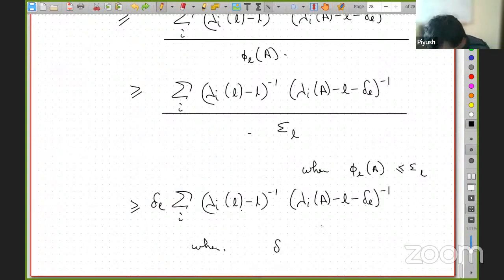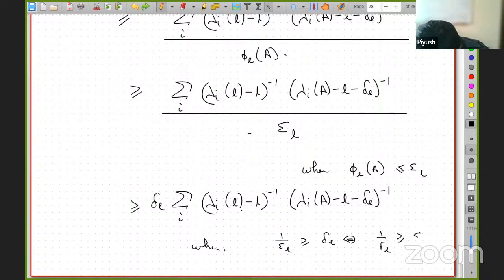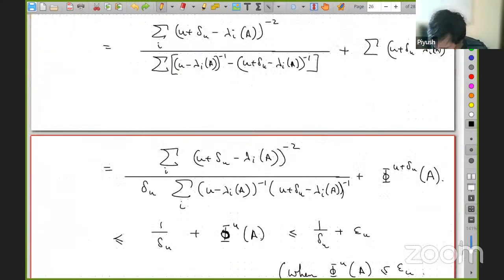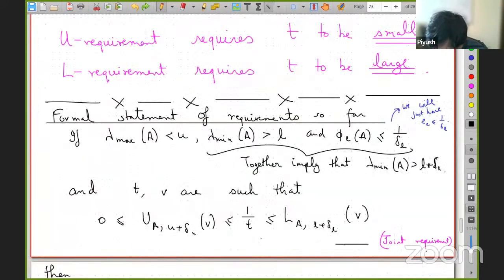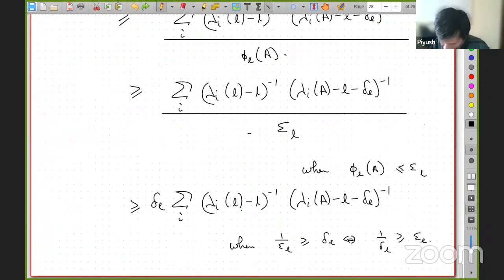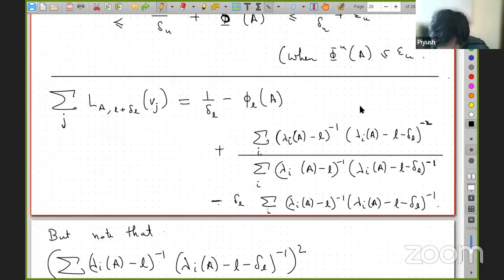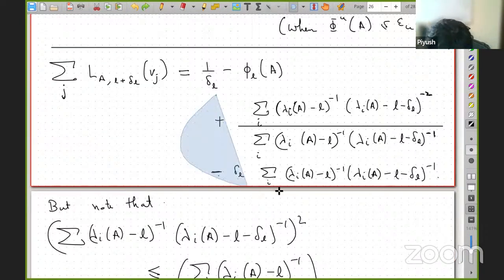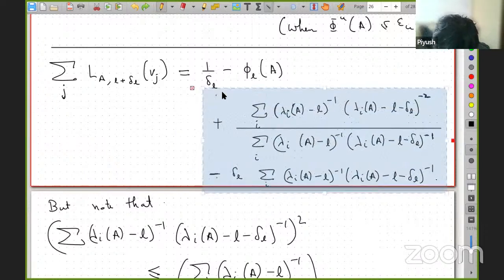When 1 over epsilon L is bigger than delta L, it's the same thing as saying that 1 over delta L is bigger than epsilon, which is the condition that we have. Remember that we had put in this condition that 1 over delta will be at least epsilon. What does that mean? That means that this part is non-negative.